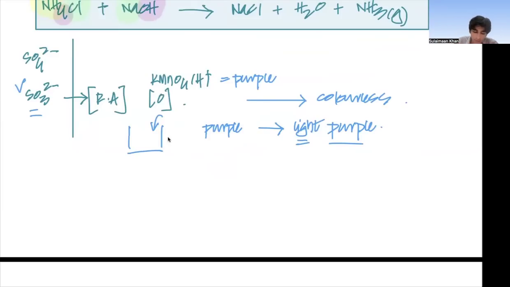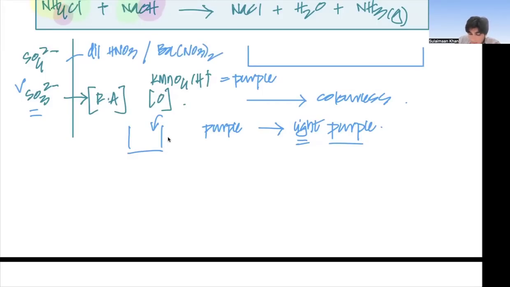So please realize. And for sulfate, you acidify it with dilute nitric acid to remove any contamination, and then you follow it with barium nitrate. Why do we follow it with barium nitrate? It's because aqueous barium nitrate is soluble, so I can split it into ions, the barium 2 plus ion and the nitrate 1 minus ion, right?